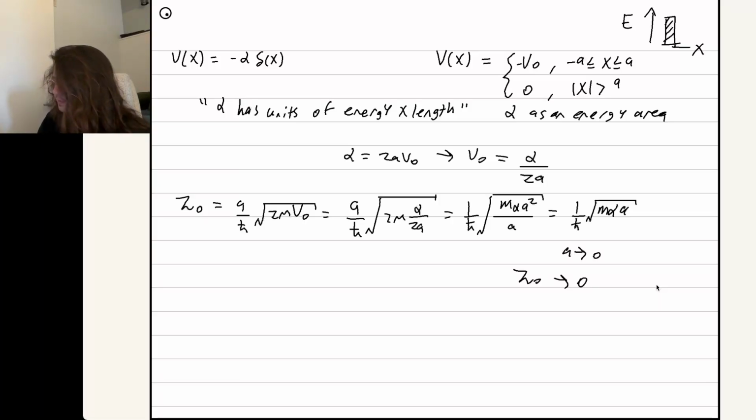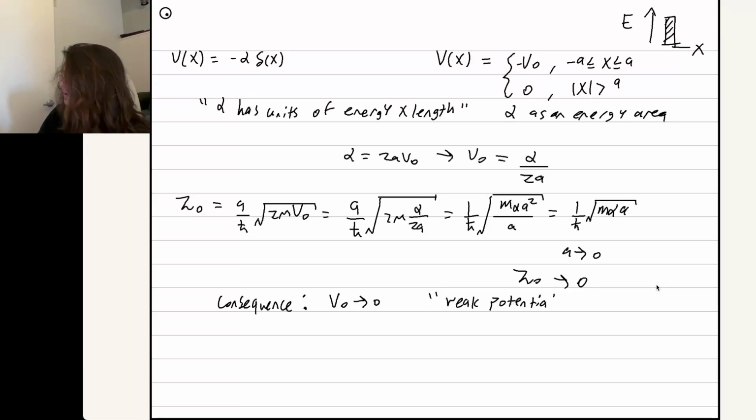A consequence of that is that since z naught is proportional to root V naught, if we let one side of the equation go to 0, the other side goes to 0 too. So this means that V naught is also going to 0, which is what Griffiths was getting on about by saying that the delta function potential is a weak potential, because it will have a really small value of V naught.